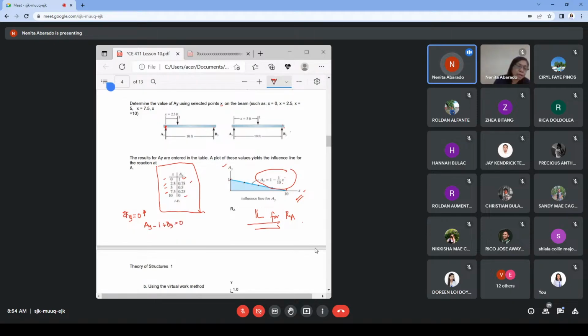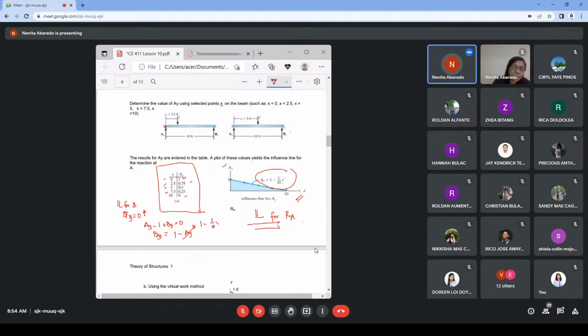Let's say we want the IL for point B. So BY is equal to 1 minus AY. We already know our AY values from earlier. What is our AY? 1 minus 1 over 10x.